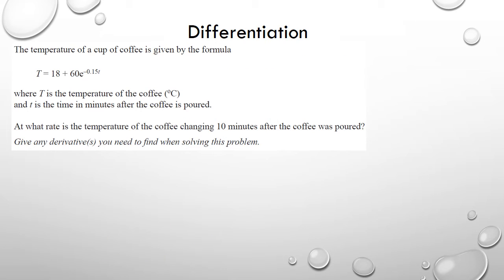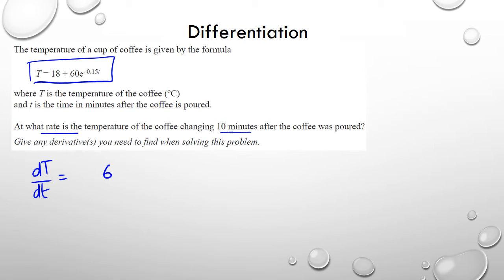With this question, you've been given a function and you're asked to find at what rate the temperature is changing 10 minutes after the coffee was poured. The first thing you want to work out is the differentiation of dT with respect to little t. From this function here, when we differentiate it, 18 differentiates to 0.